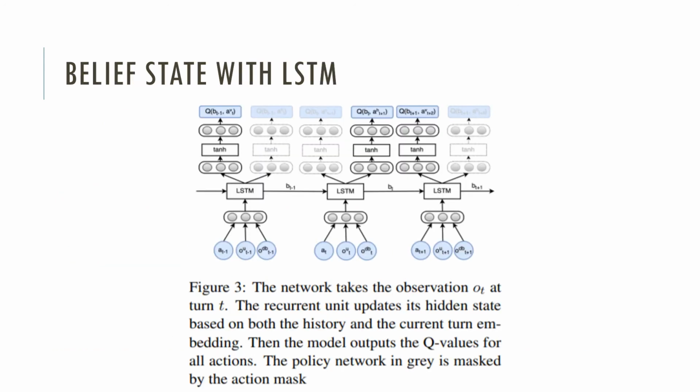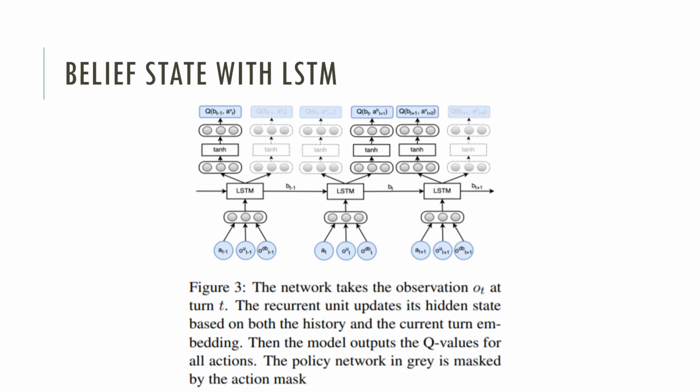So the reinforcement learning agent will be trained with a combination of an LSTM, long short-term memory network, and a DQ network. Now, it is very common to use a long short-term memory network in order to represent the belief function of an underlying partially observable Markov decision process. And that is exactly how the LSTM is being used here.